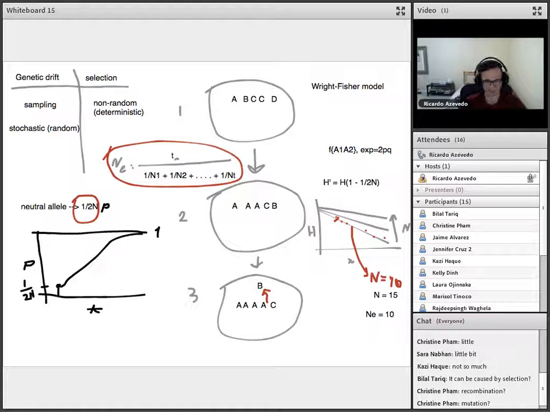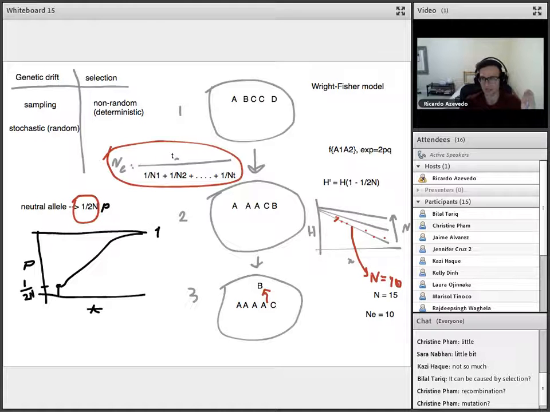Mutation, yes. So even though a lot of heterozygosity is going to be gone, a lot of alleles are going to be gone in smaller populations, or even in a very large population, over time, you're going to have a decline in heterozygosity. Mutation can create new alleles.